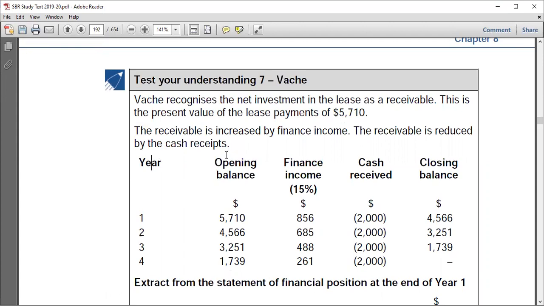You have the opening balance, you have finance income, which you calculate at 15%, and you have cash received. So opening balance plus finance income, sorry, minus cash received, you obtain the closing balance, just like that. If you just take a clear look at cash received, each point you receive cash, the receivable actually decreases.